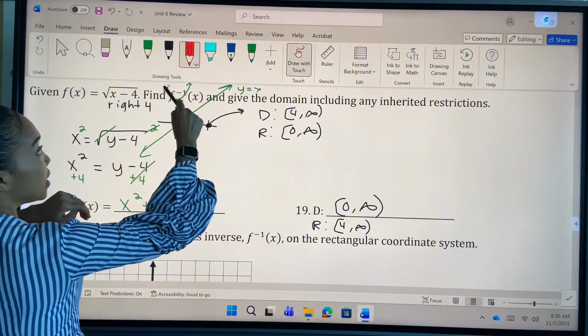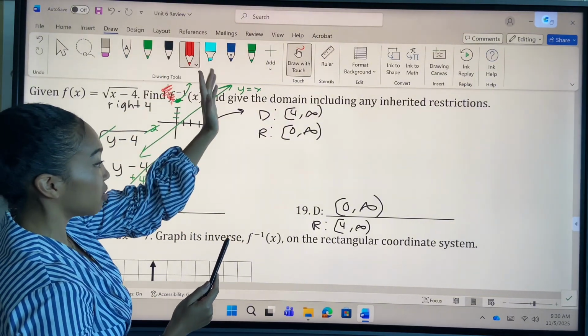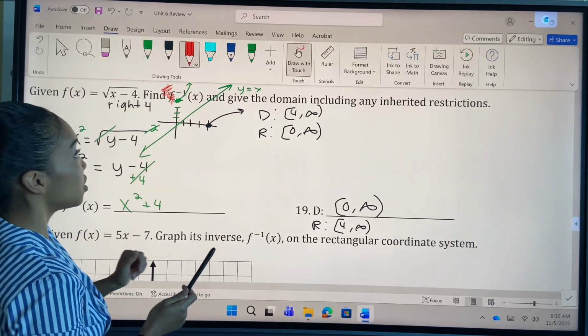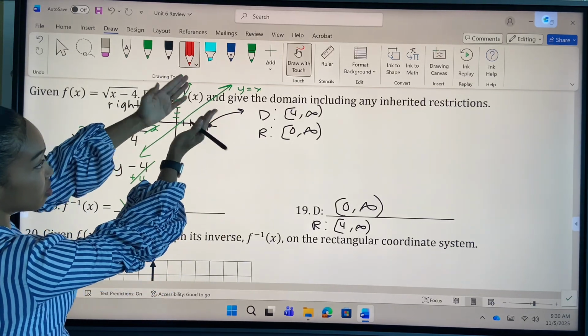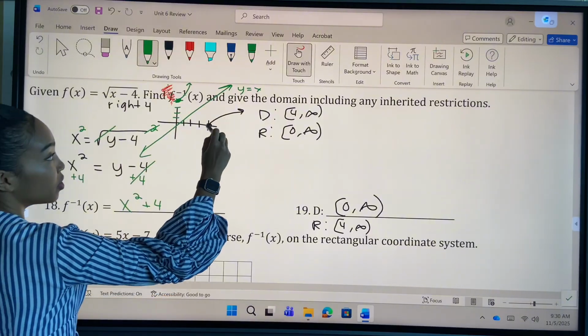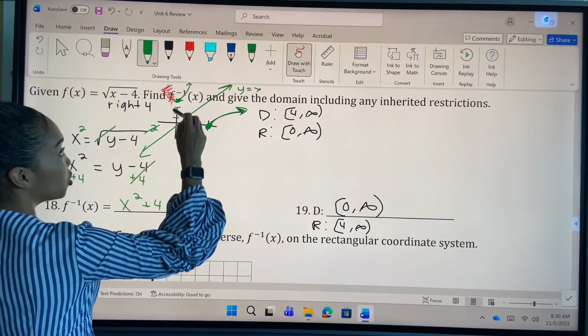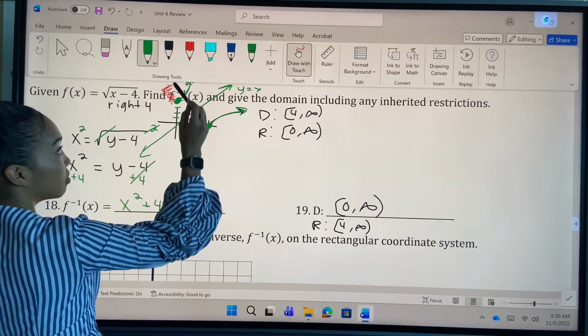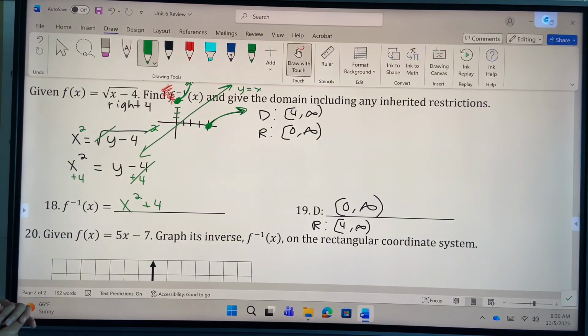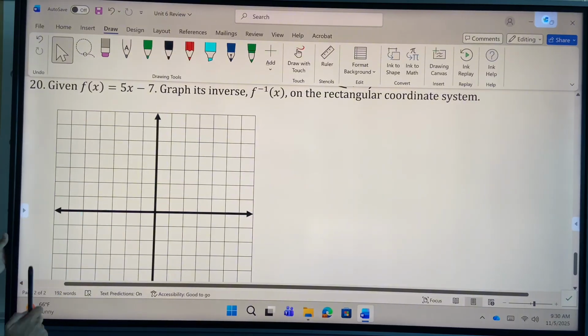I'm only taking from 0 to infinity so that they can be reflections. Because guys, for the original problem, I only took these numbers. That means when you do the inverse, you're only going to have this part. Okay? So it's restricted.